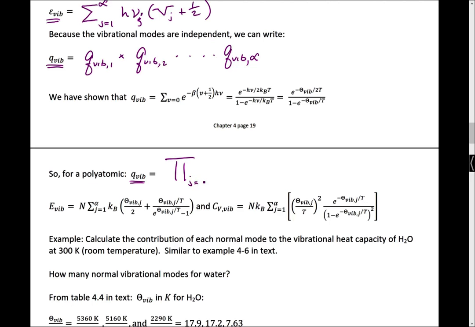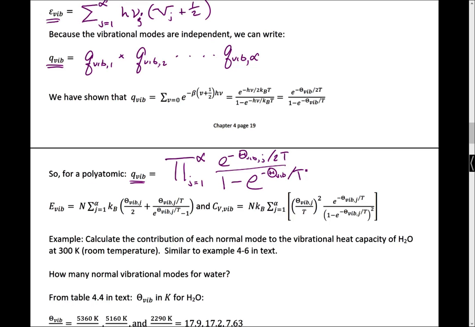We'll start with J equals 1, going up to alpha, and that will be e to the minus our vibrational temperature for that J vibrational mode divided by 1 minus, whoops, and I forgot something, 2 T, and then e to the minus our vibrational temperature reference to T. Okay? All right? Does that make sense?